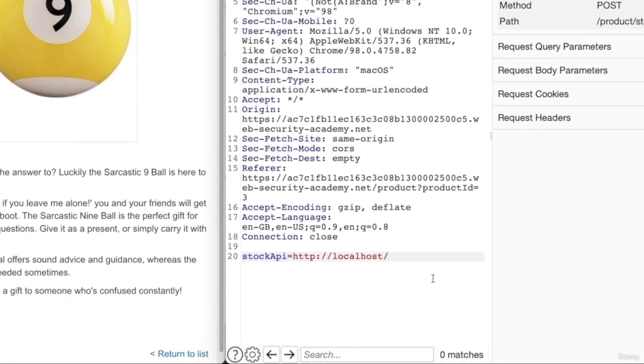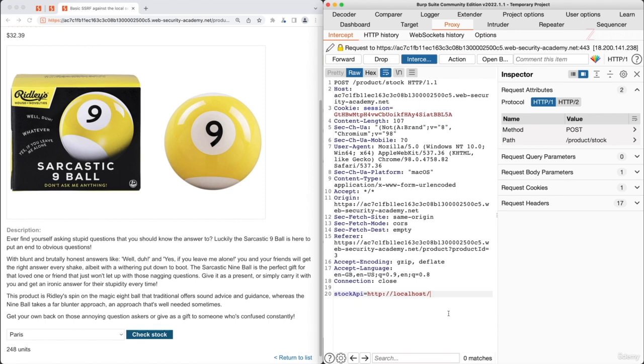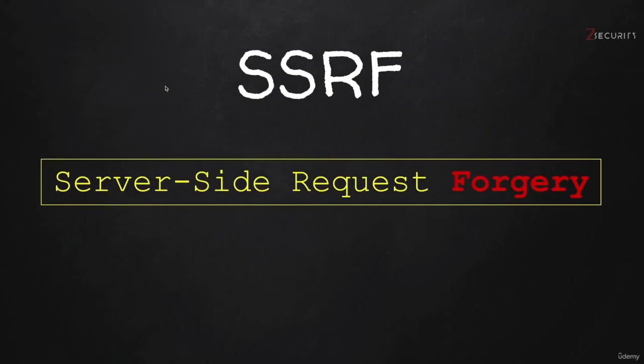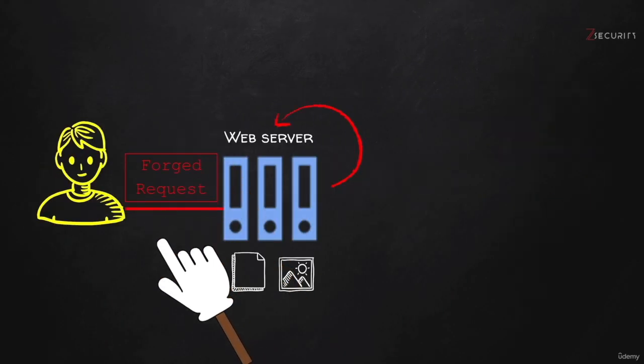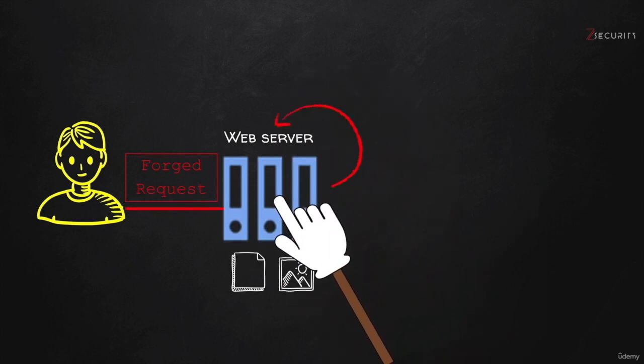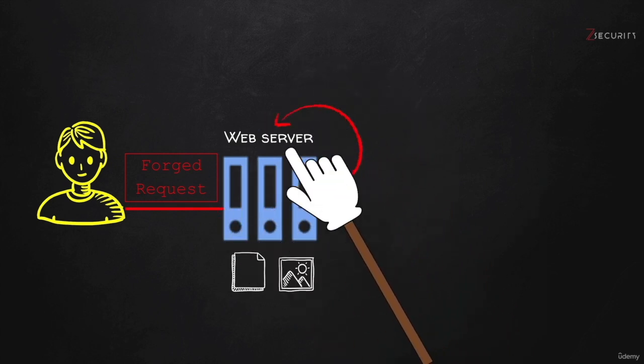Now, if you don't know what we mean by this, basically localhost is a reserved address that will load this machine to itself. So essentially what we're doing right now is we're forging a request to basically load whatever service is running on our own machine.